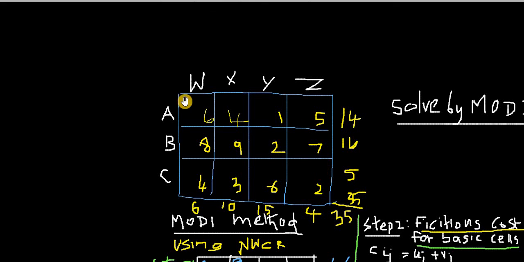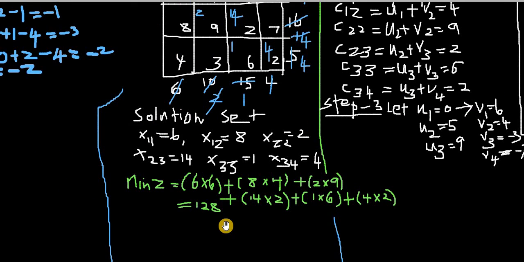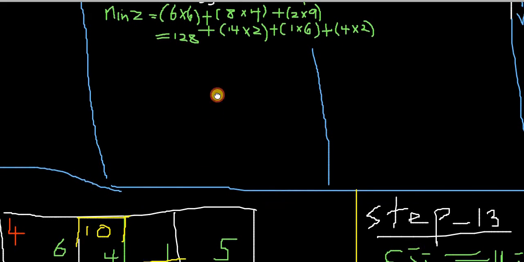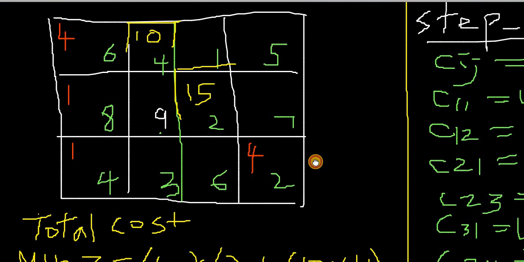Okay, so how to transport them by Modi's method? We saw that if we transport from here to here, 4 products at the cost of 6 rupees per product, and from here to here at the cost of 4 rupees per item.